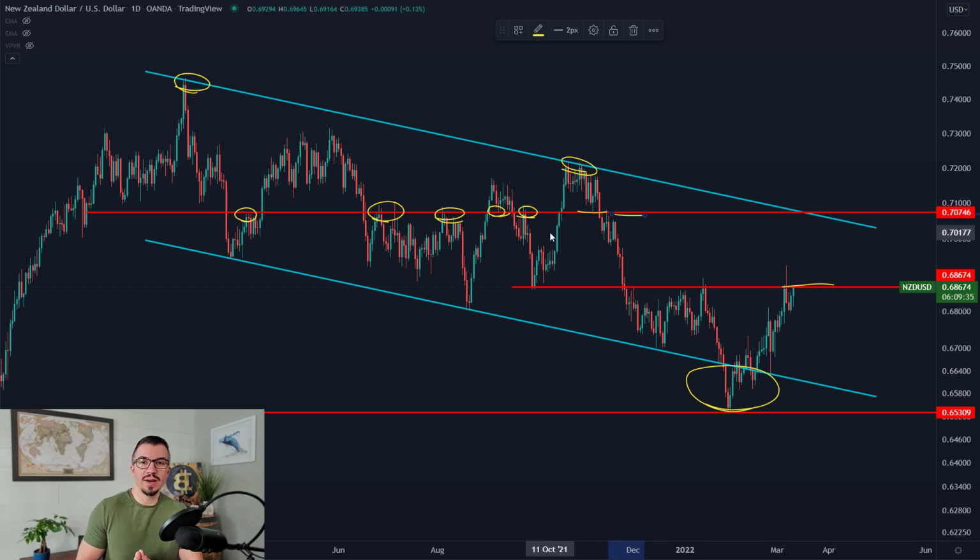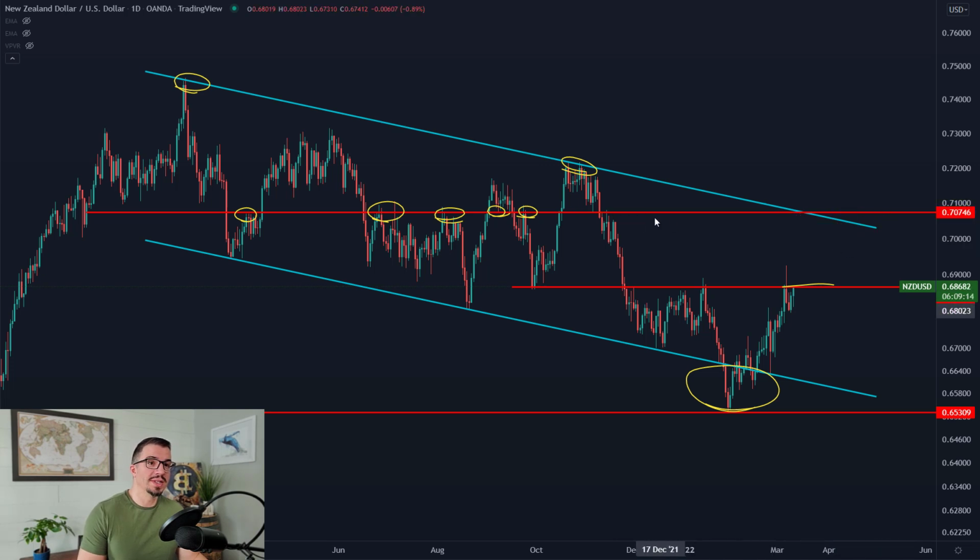So it's not really a level that has held the pair above or below it for any material length of time, but it is definitely a pivot in the market, and it's something to keep an eye on. That level comes up right around 70.70. But this channel resistance up here is likely to come into play long before that level right there at 70.70.